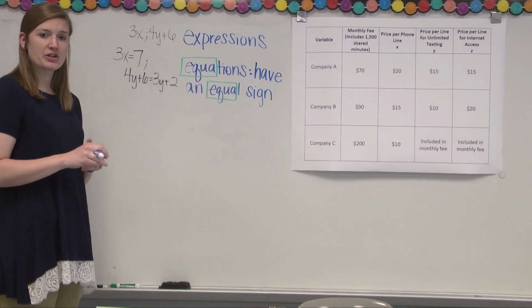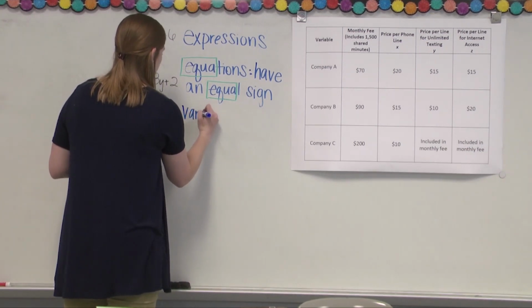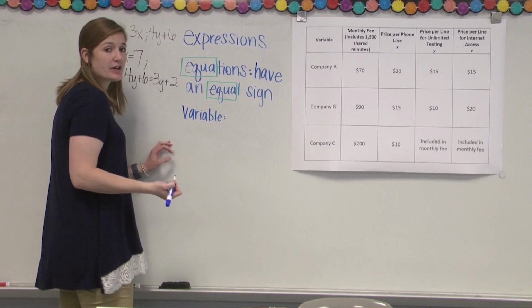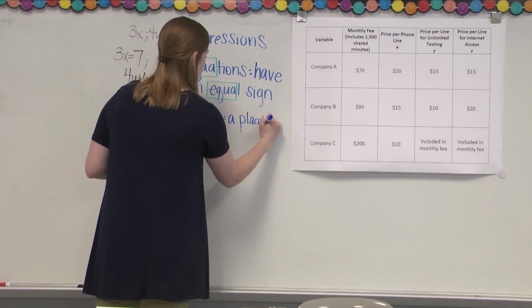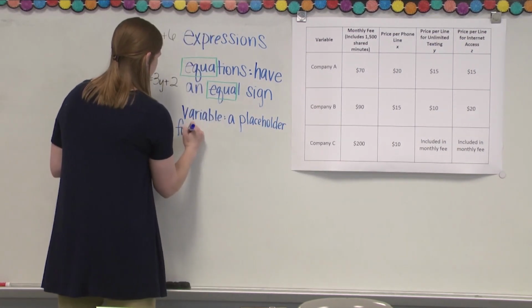So the third vocabulary word that we're going to add is variable. And remember that a variable is just a placeholder for an unknown value.